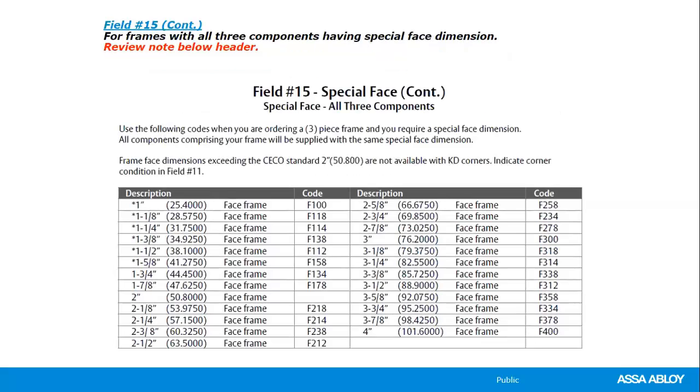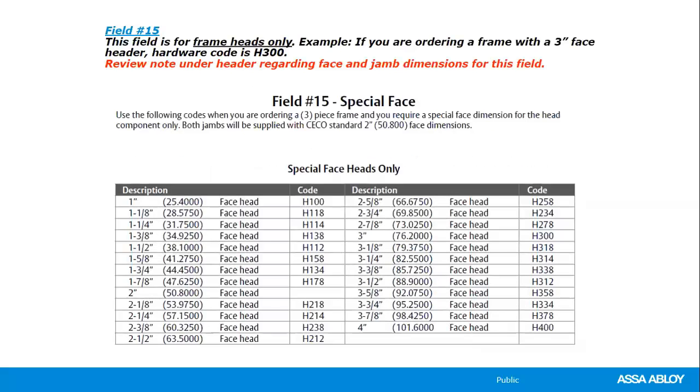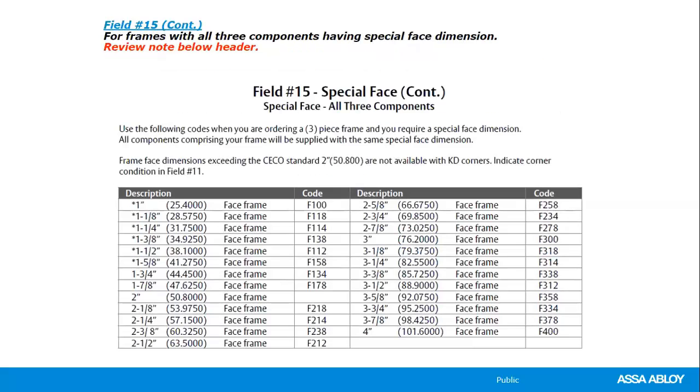If you wanted the frame, all 3 pieces, to have a special face, say you want all 3 pieces to be 1.5 inch face, then this is the code. So the F would be for frame, and if you look at this, it says H, and that will refer to your header only. So that's a way you can make sure that you're looking at the right code. Okay, so this one would be all 3 components will have a special face dimension.